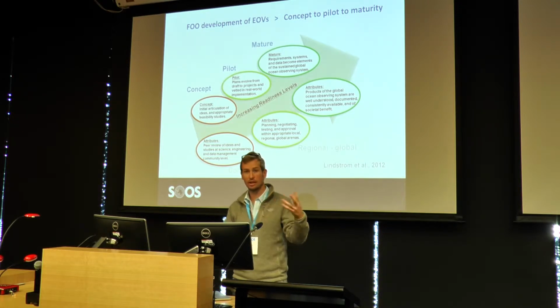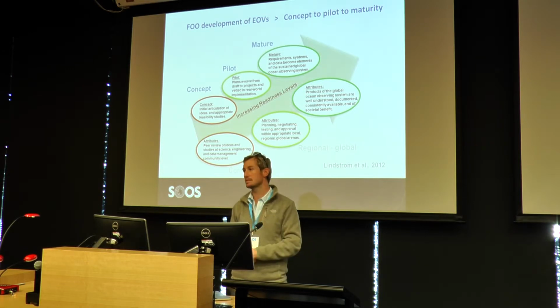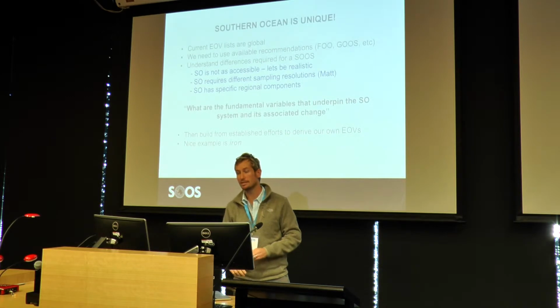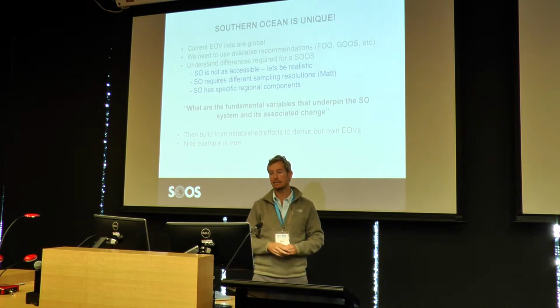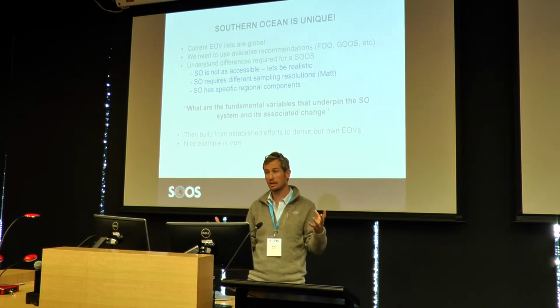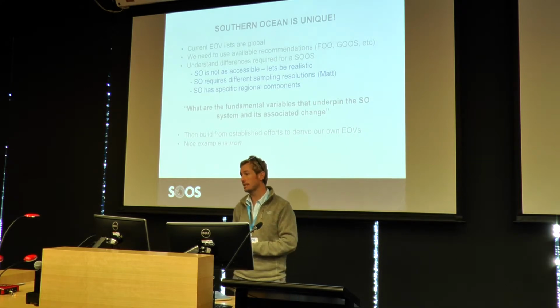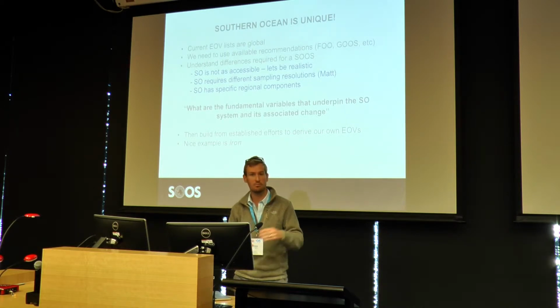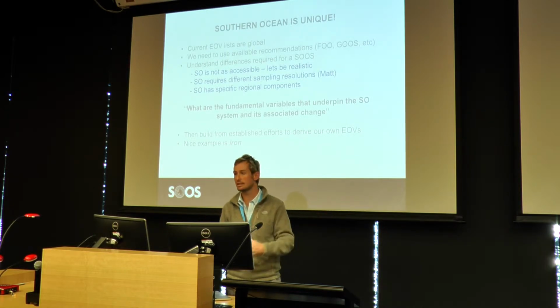So this has come out of global observing systems such as GOOS and others, but the Southern Ocean is very unique. When we look at the current available lists of EOVs for global observing systems, they don't always fit in with the Southern Ocean. The Southern Ocean is a very unique place. It's not as accessible.